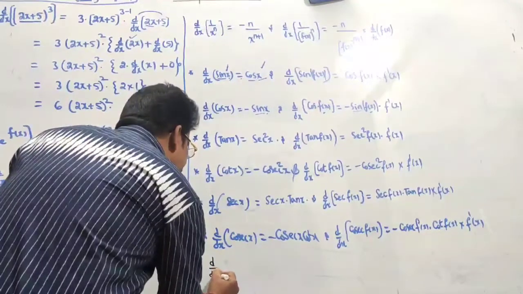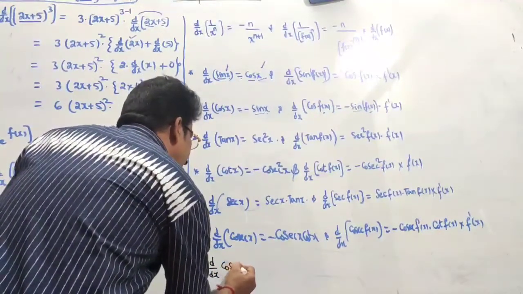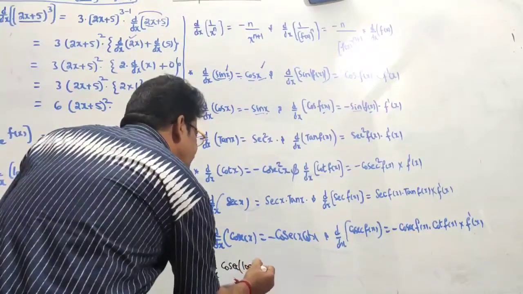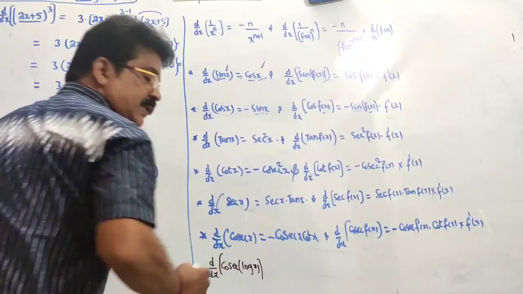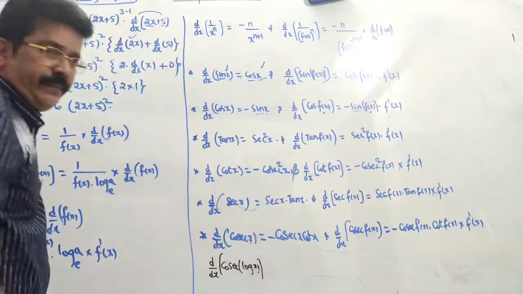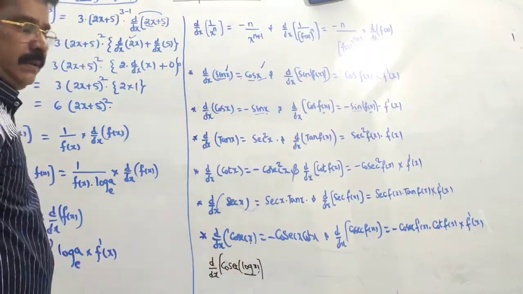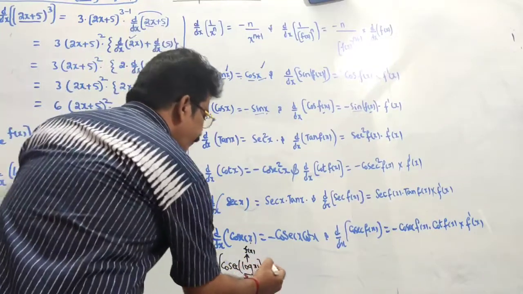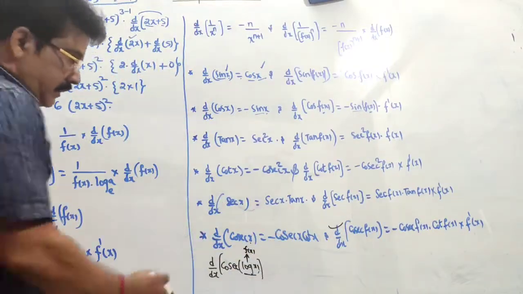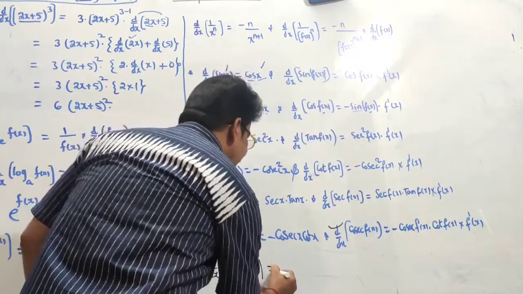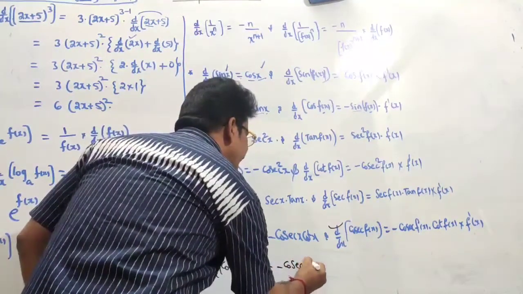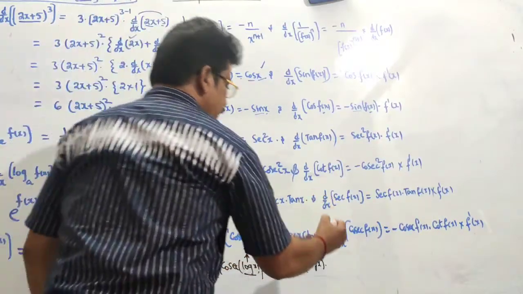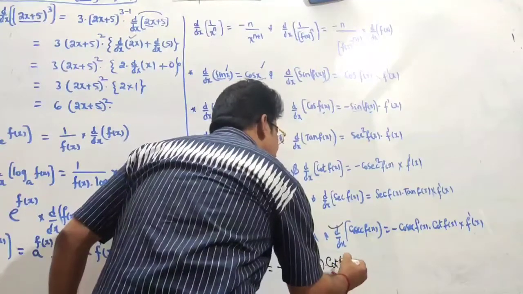One example. d by dx of cosecant of log x. So, it is not only x, it is not x. That's why let it be f of x. So, it goes to this formula, not this formula. So, that is equal to minus cosecant of, what is f of x? Log x into cot of, what is f of x?